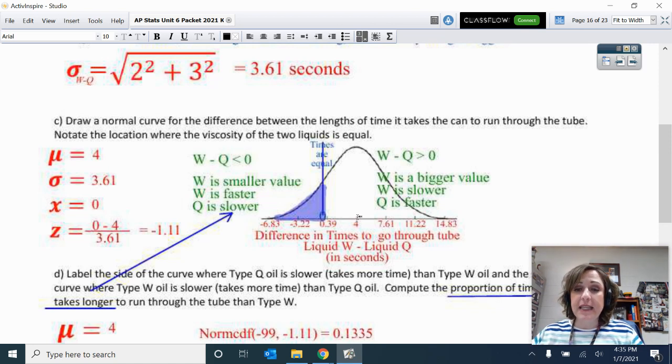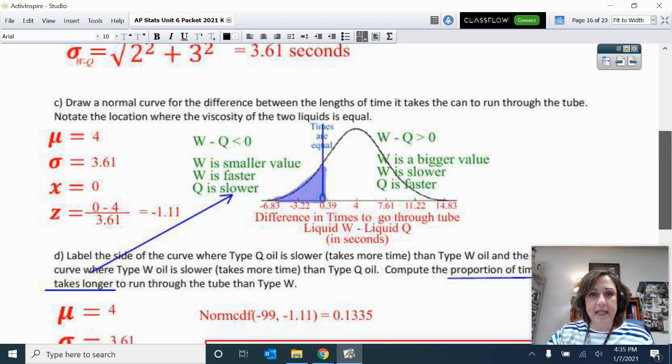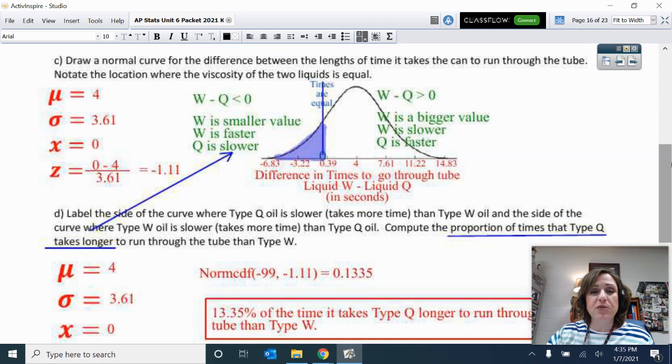But ultimately, the answer is still 13.35% if you did it correctly, even if you did Q minus W. And I think what I'll do is redo this problem and show you it. I may do another video, show you how you would do this page if you did Q minus W. All right, I may get to that. Maybe I'll do that one tomorrow or something.